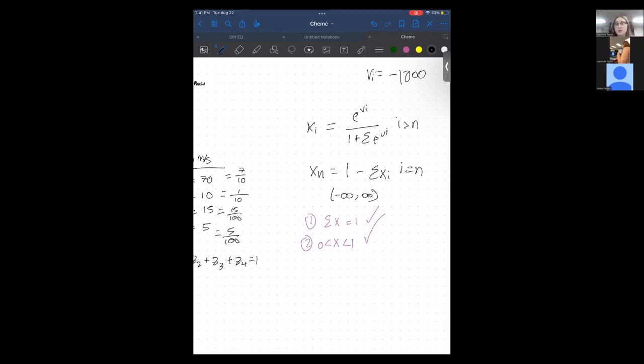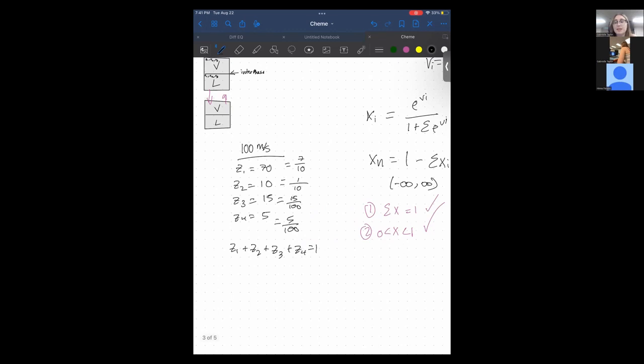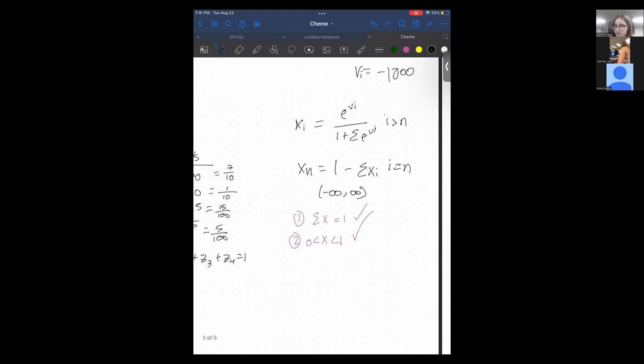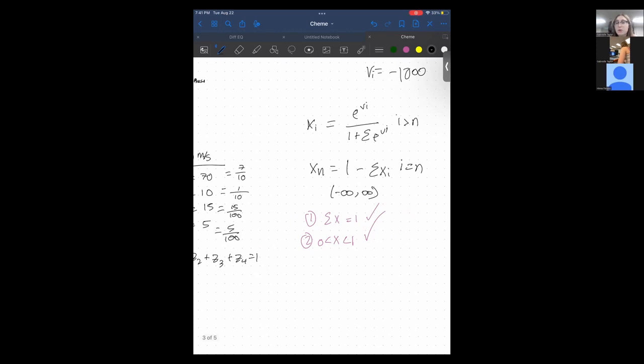Now we can look at our first 3 components over an interval from negative infinity to infinity, while for this one over here, we would have to look at a very small interval. So this is why we're going to do this variable transfer, right? This variable transfer helps us look at the system in a bigger interval, right?